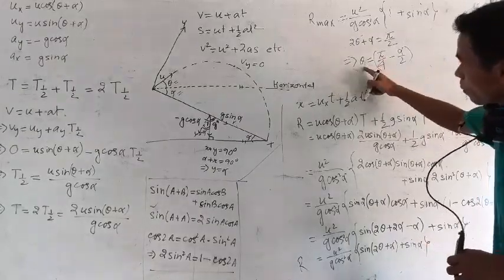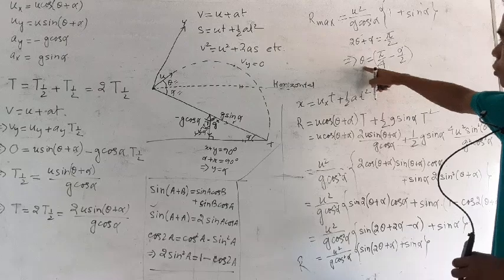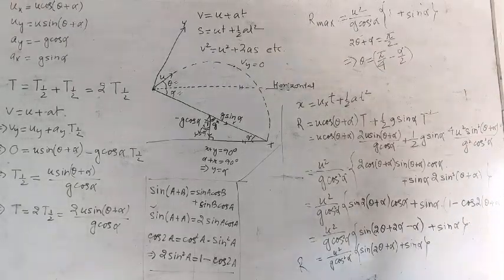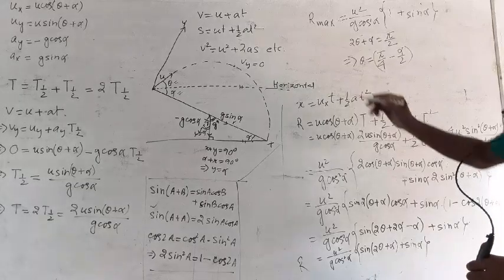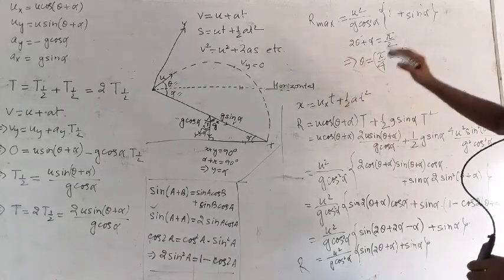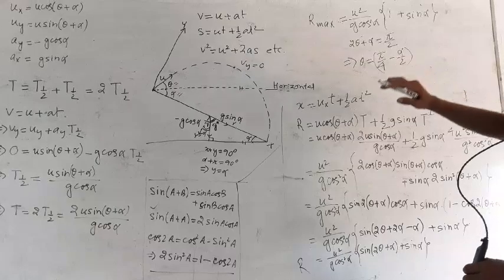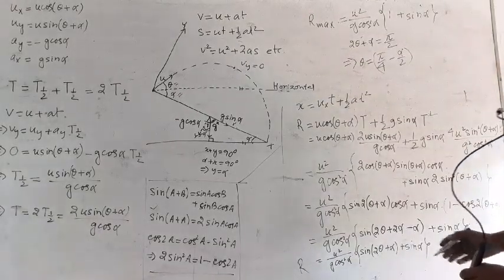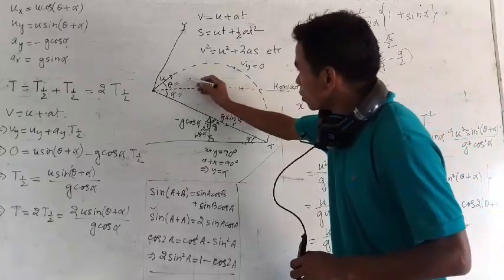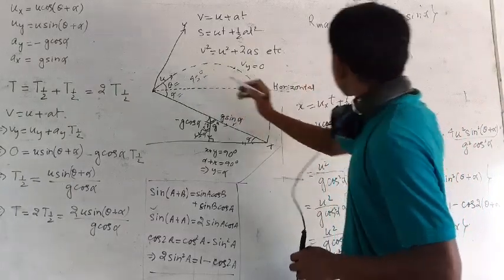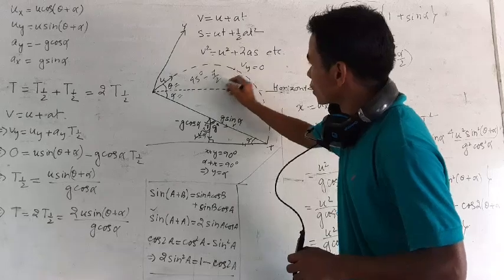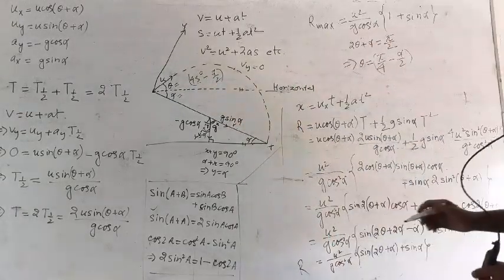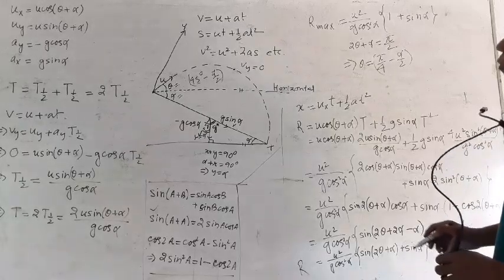When the angle of projection is π/4 minus α/2, that is 45 degrees minus α/2, the projectile on an inclined plane will travel the maximum range.